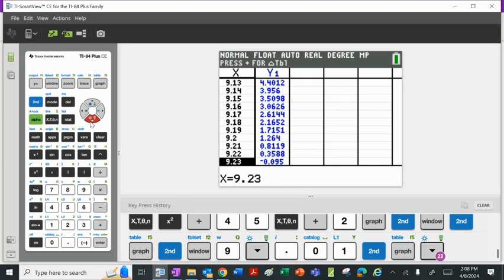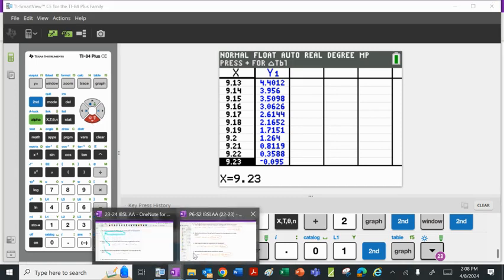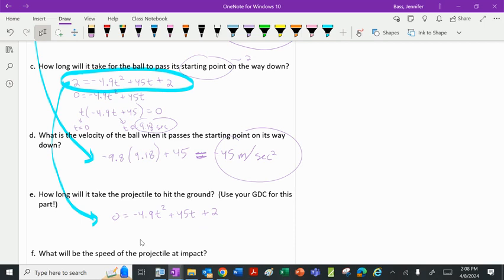So it seems to be closer to 9.23. But at this point, we can just say 9.225. So t is approximately 9.225 seconds. Okay, that's close enough.